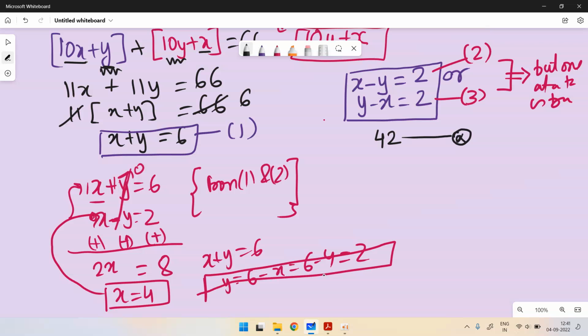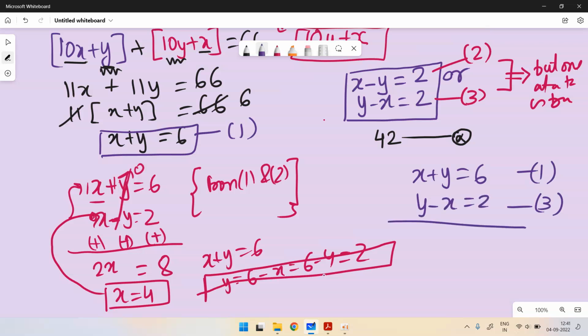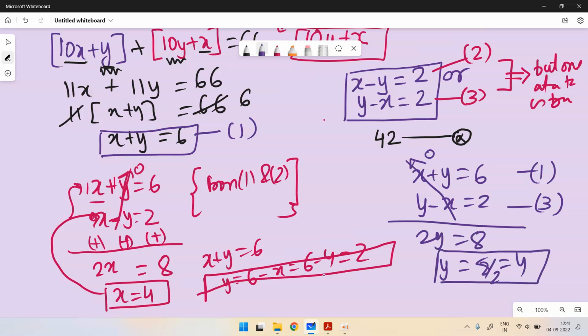Now what will the second solution be? For the second solution, consider x plus y is 6, which will be true from 1. And now I'm taking for the third equation, y minus x equal to 2. Now if you directly add, this x and this x get cancelled, this becomes 0, so 2y equal to 8, which implies y equal to 8 by 2, which is nothing but 4. Now if you put this value of y in this equation, x equal to 6 minus 4 is equal to 2.